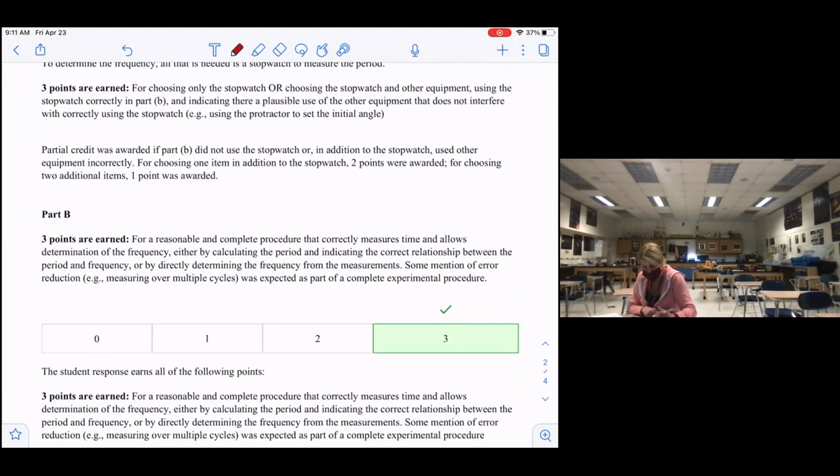So a reasonable and complete procedure that correctly measures time and allows for determination of frequency, either by calculating frequency or indicating the correct relationship between period and frequency, or directly determining frequency from the measurements. So frequency is the number of cycles per second.